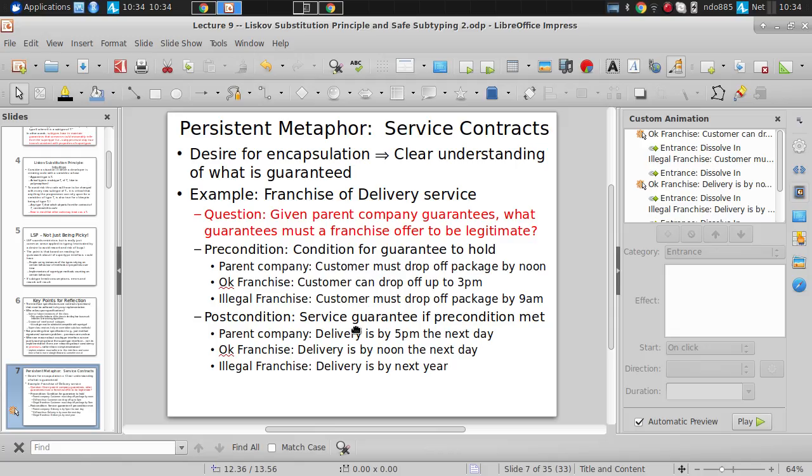Can they object? No, because that's consistent with FedEx. FedEx says by noon. So, okay, they're all delivered at noon? Oh, that's kind of strange, but yeah, sure. I mean, it's still by noon. Okay, right? So postconditions can be strengthened. Preconditions can be weakened.